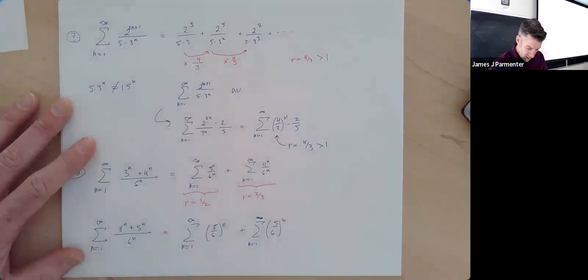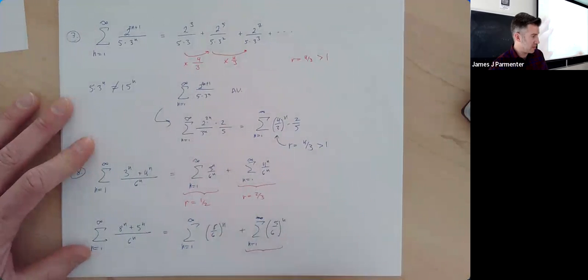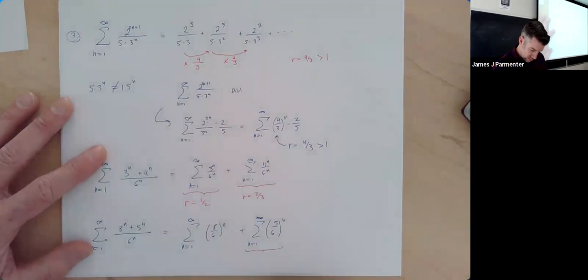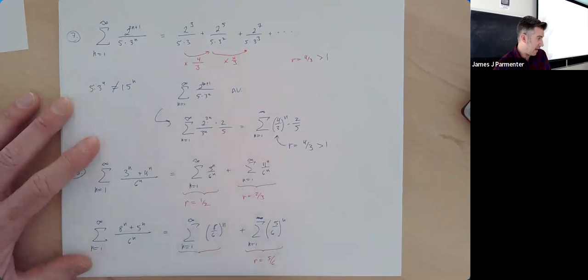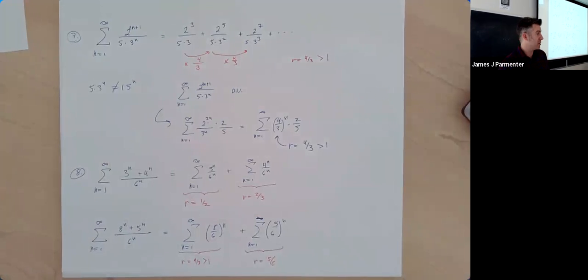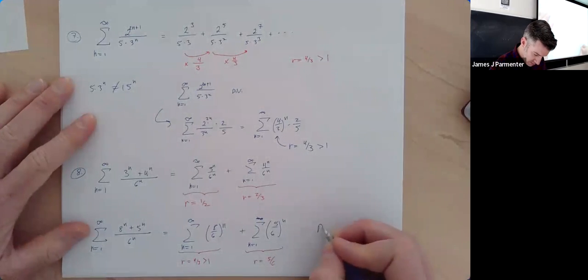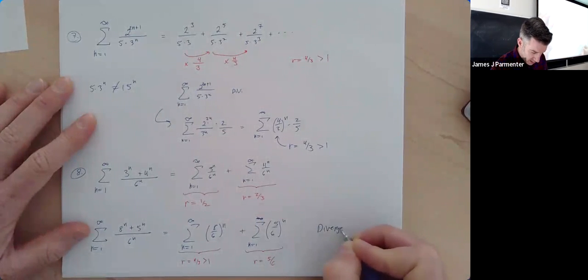But then, even though this series over here would converge, because your ratio is 5/6, this first series would diverge because your ratio is 4/3. Once one piece diverges, the whole thing diverges, which is a good lesson to learn, right?